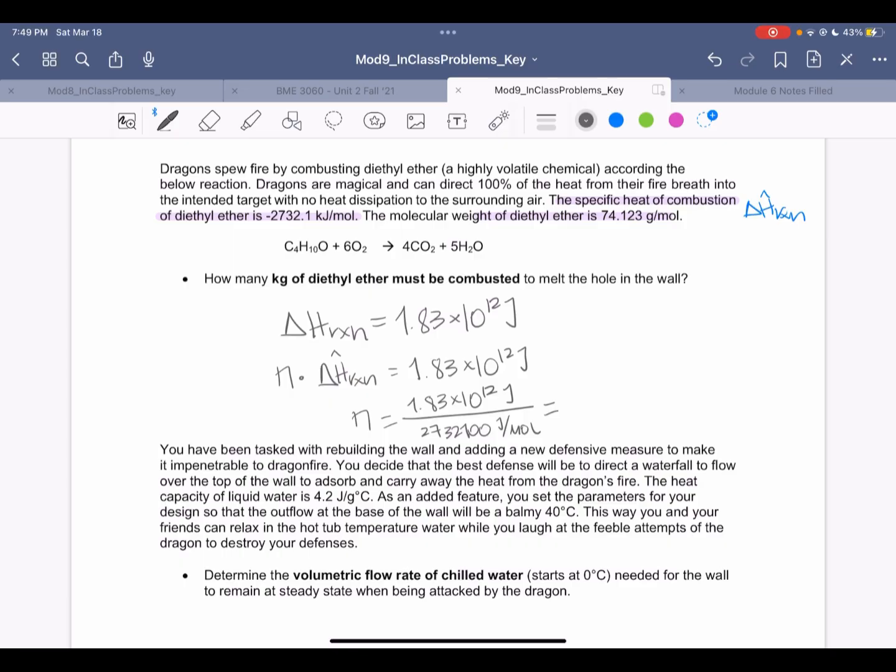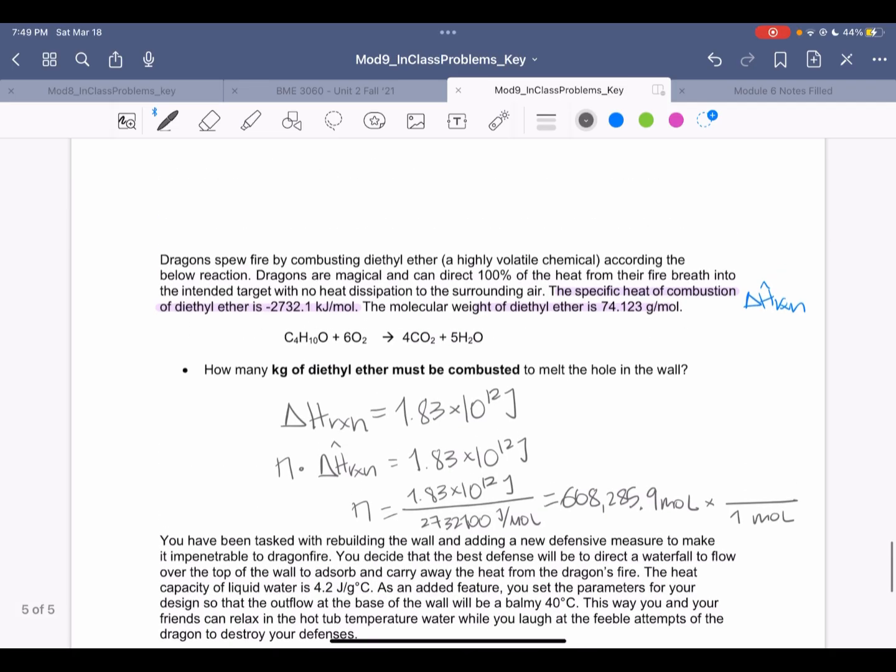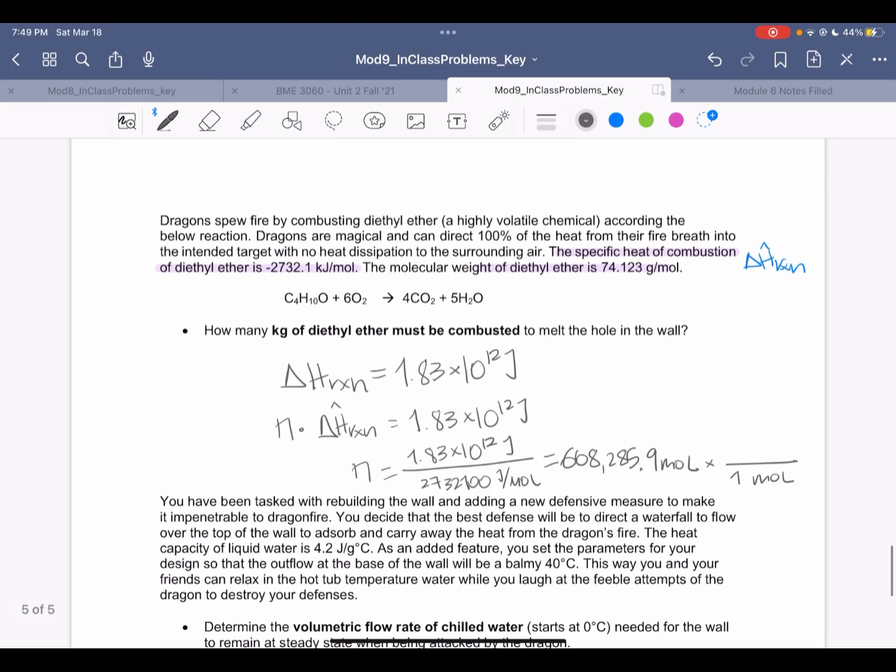And so this is equal to, divided by 2,732,100, a ton of moles, 668,285.9 moles. And then we convert that. 1 mole weighs, the final answer is in kilograms, so I'm going to say 0.074123 kilograms.